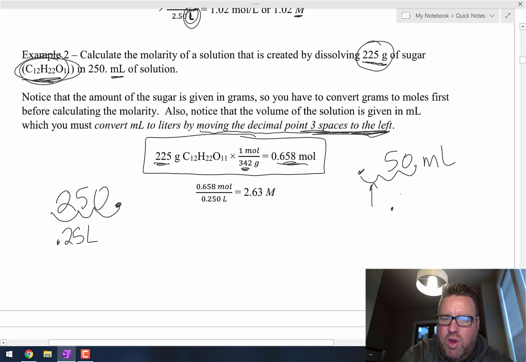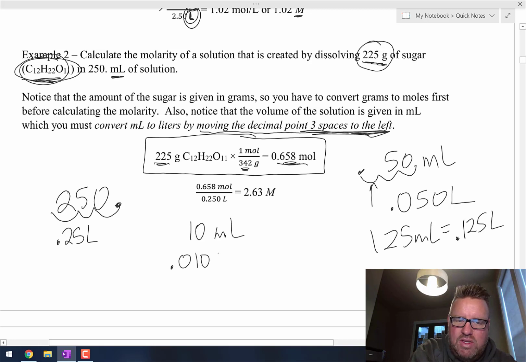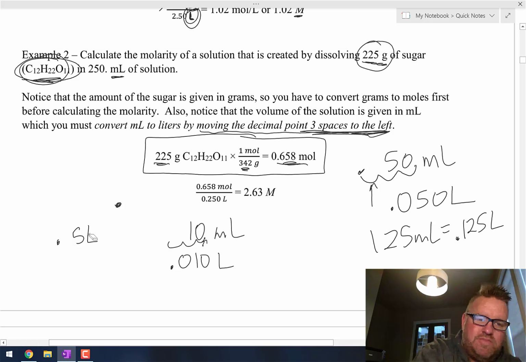That would be 0.050 liters. If it's 125 milliliters, that equals 0.125 liters. Okay, so every time I'm moving the decimal point, what if it's even just something like 10 milliliters? 10 milliliters equals 0.010 liters. Notice every time I start at the end of the number and then I move that decimal point 3 spaces to the left.